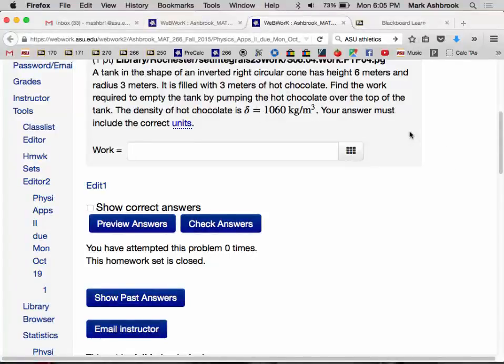Okay, so for the tank, we've got an inverted right circular cone with a height of 6 and a radius of 3. So the radius of 3 is up here.